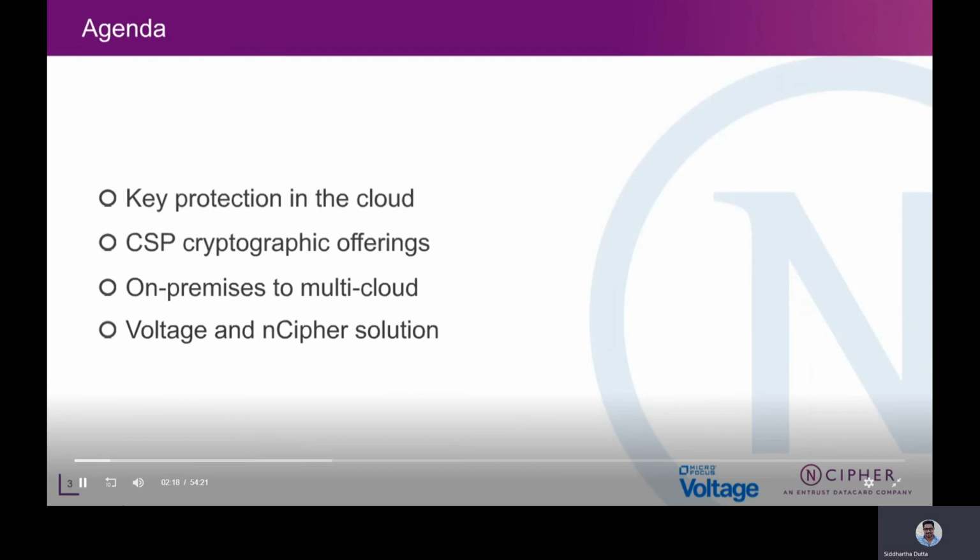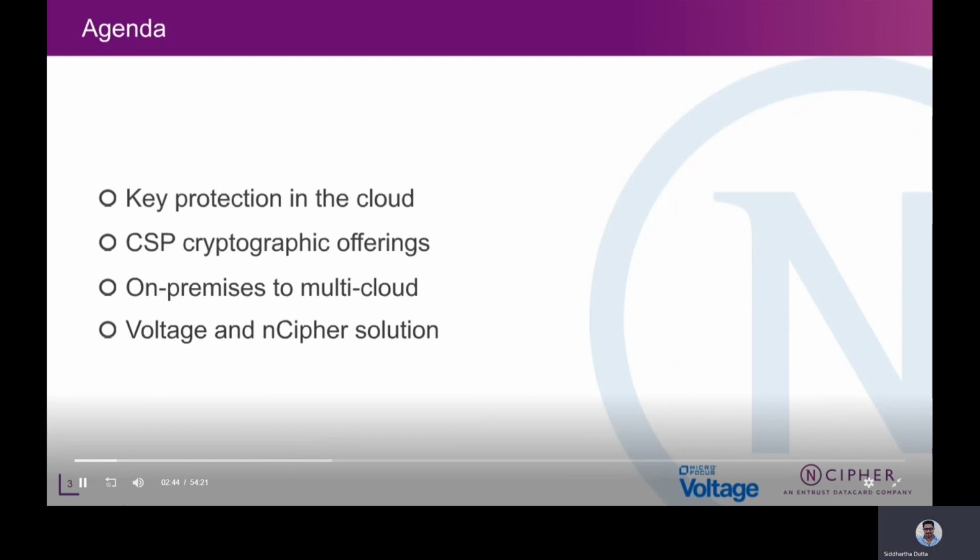As far as the agenda that we have for you today, Sander is going to get us started covering how cryptographic keys are typically protected in the cloud and how shifting security requirements are changing the way that customers consume cryptographic services. He will then explain how nCipher nShield as a Service addresses these different requirements with various deployment options.